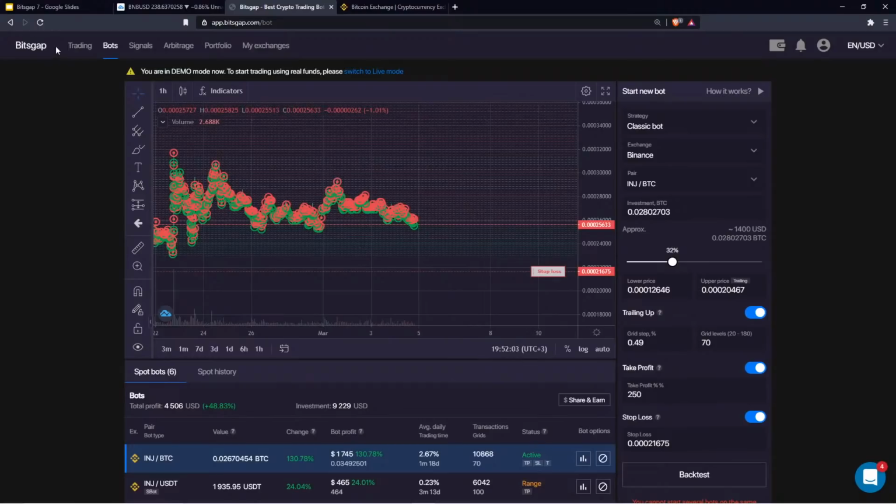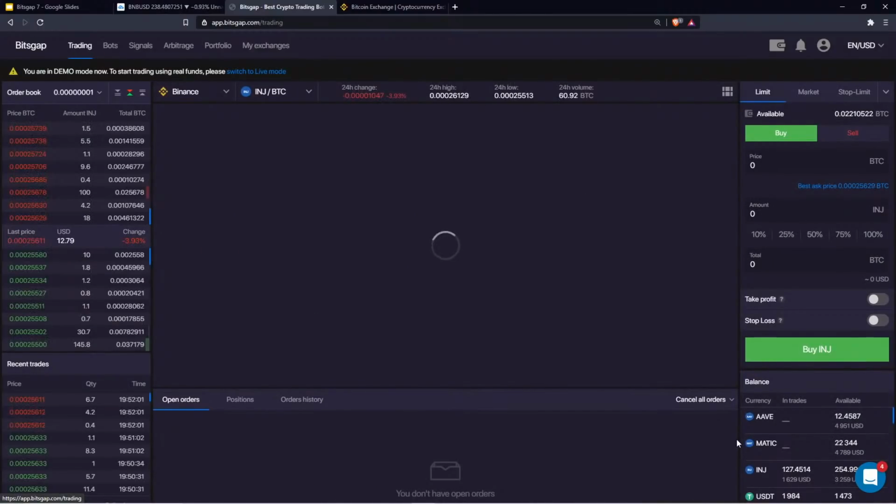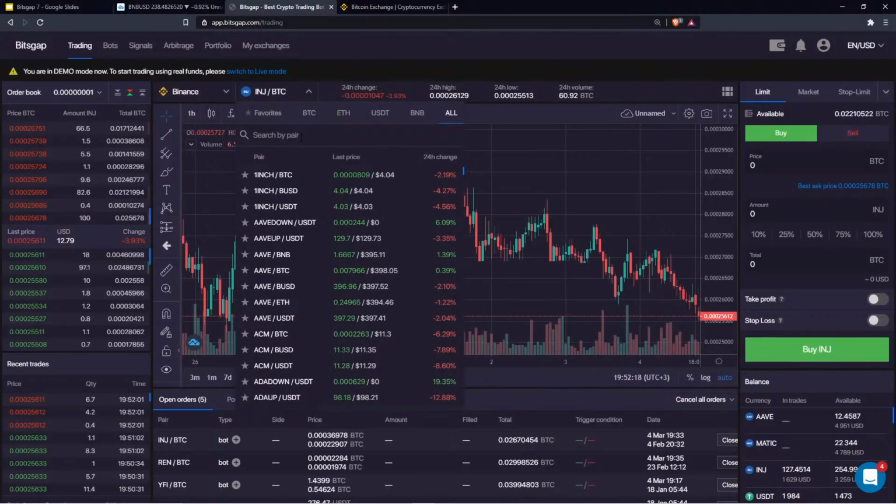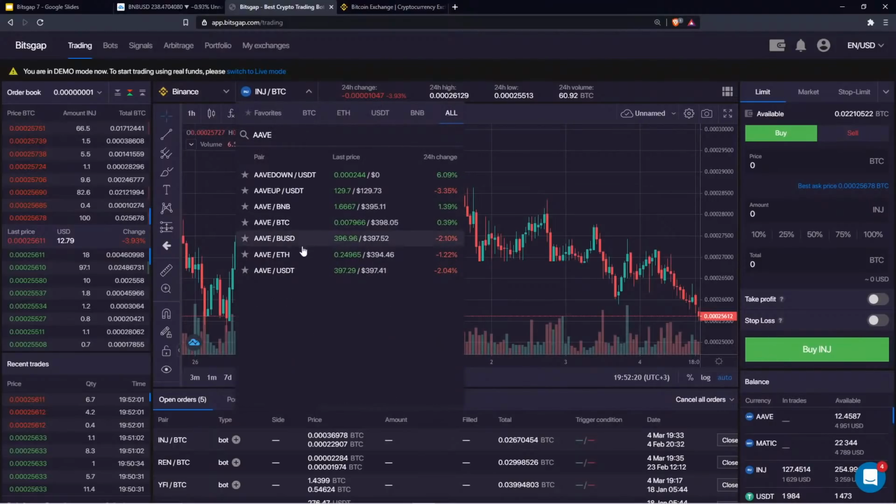Okay, so things like we have in trading mode here, you see the balance. You see Aave. By clicking on Aave, you instantly get the list of cryptos to which you can sell it or buy it, instead of manually going here and typing in Aave to see the list.